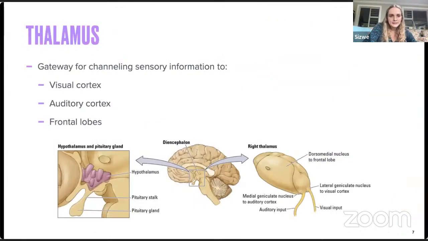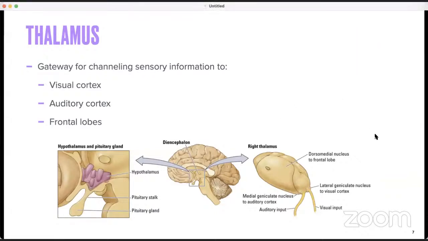The thalamus then is a gateway for channeling sensory information to the visual and auditory cortexes and the frontal lobes. We're going to talk about those just now, but it's basically like a little gateway that directs everything to where it needs to go.